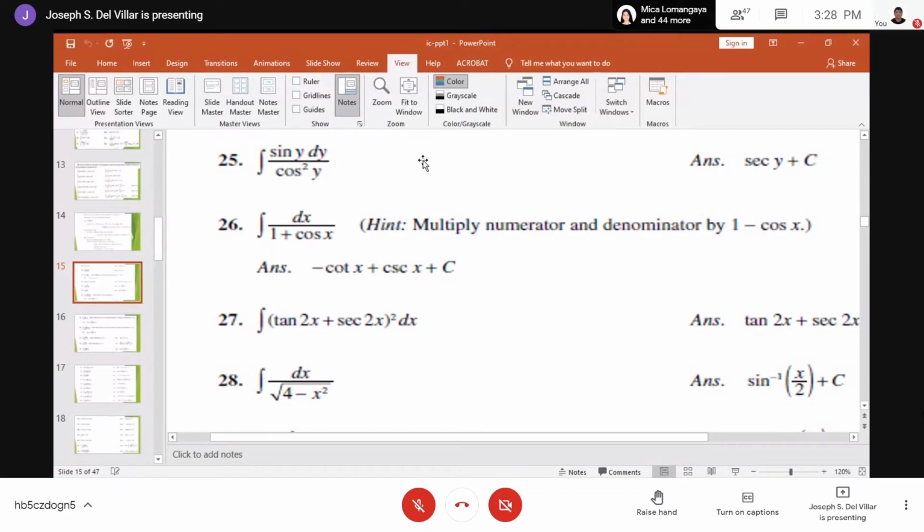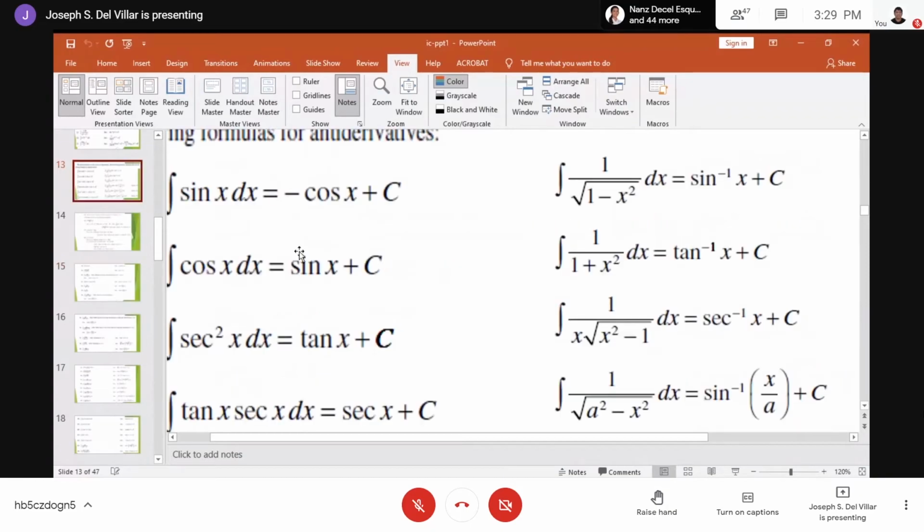So, na-transform na natin into integral of tangent y times 1 over cosine y times dy. Right? But what is 1 over cosine? What is that? Secant po. Secant y. So therefore, we now have the integral of tangent y secant y dy.